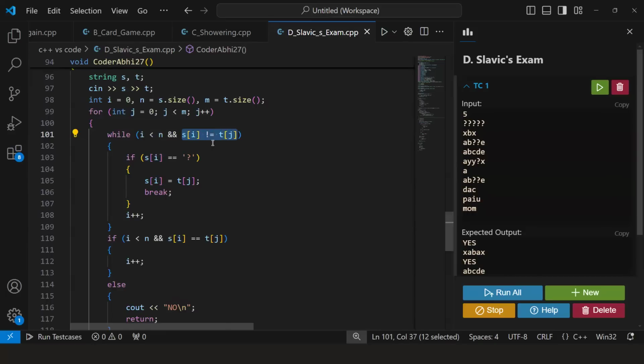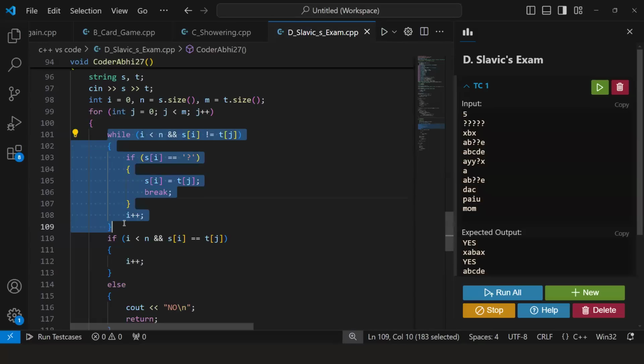if Si and Tj are unequal, then what we need to do is move our I ahead. But before that, we check if Si is a question mark; then we can just make Si equal to Tj, make them satisfy the condition, and break out of the while loop. And we would say they are equal now. If it is some other character, we would just do I plus plus and check the next character.